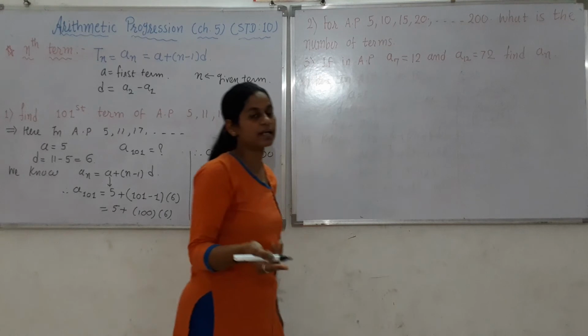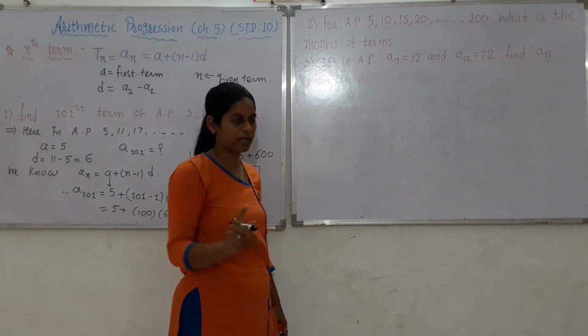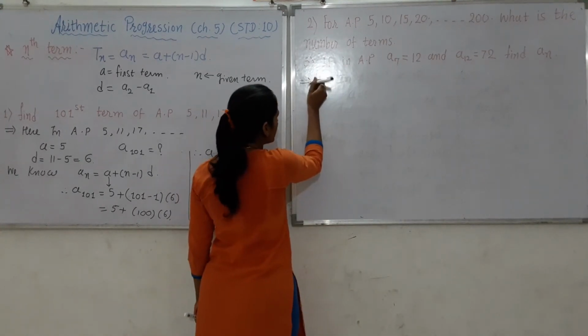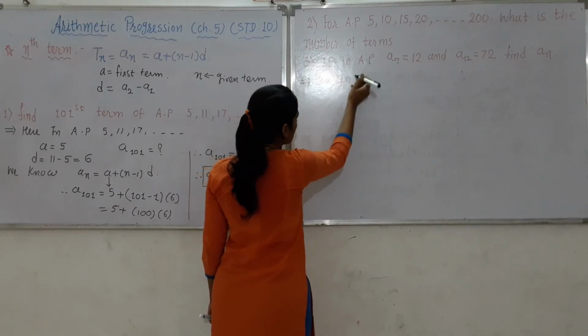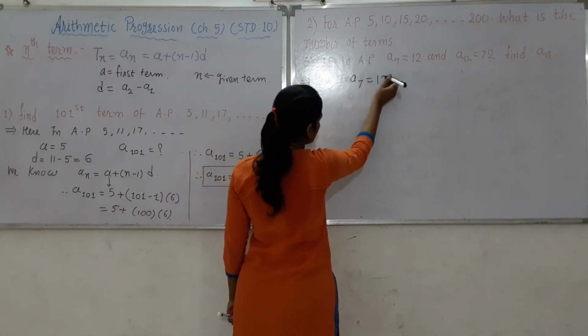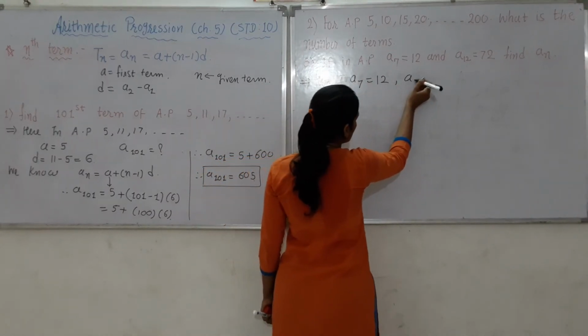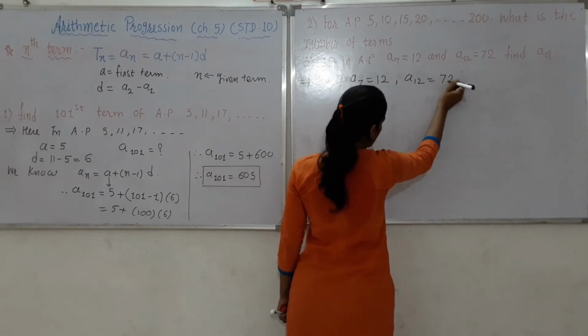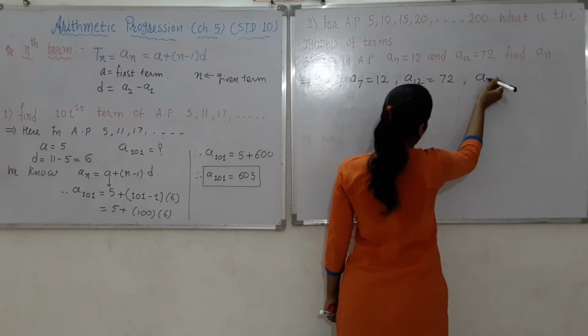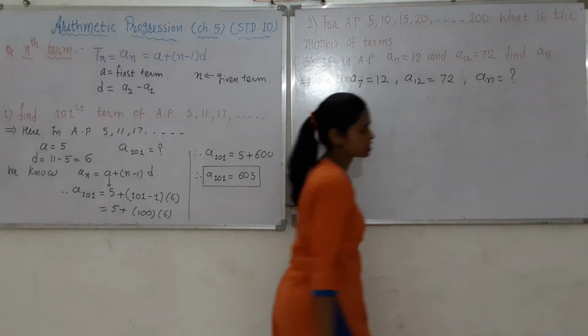Find AN, that means the nth term you want to find here. So what is given in your question? Here the 7th term is equal to 12, the 12th term is equal to 72, and AN, the nth term, is the question mark.